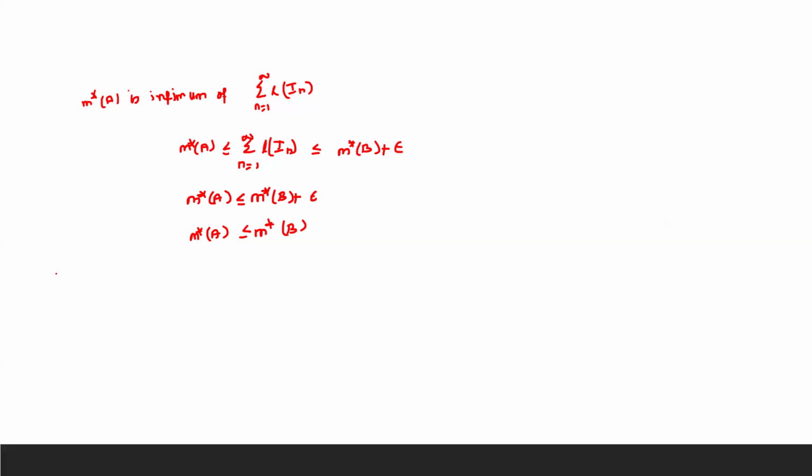Next, we try to prove that for every x belonging to R, the outer measure of the singleton set is 0. We try to prove this now.